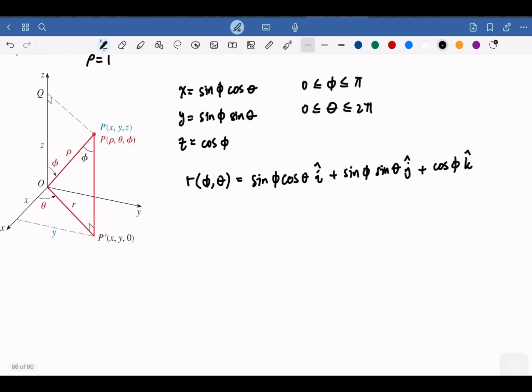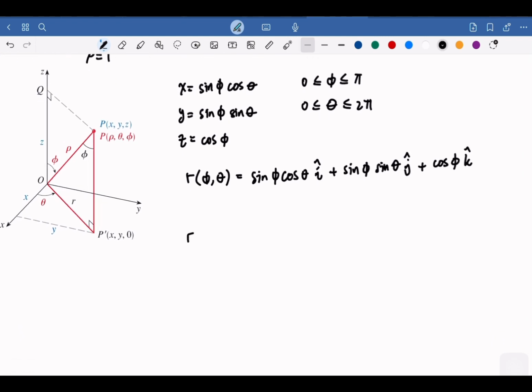Okay, so next we take r_phi cross r_theta. Let me write r_phi first. This will be cosine phi cosine theta i, plus cosine phi sine theta j, minus sine phi k.